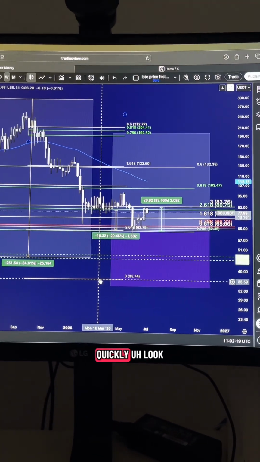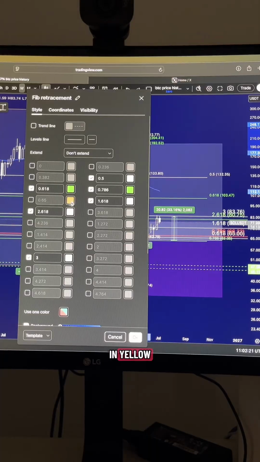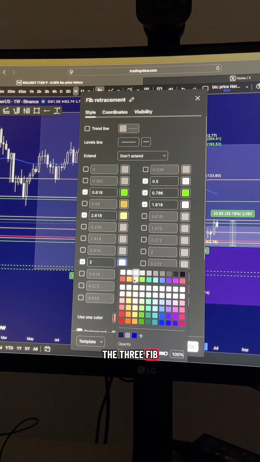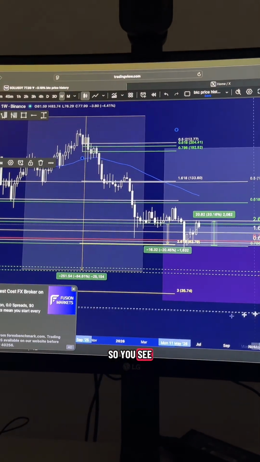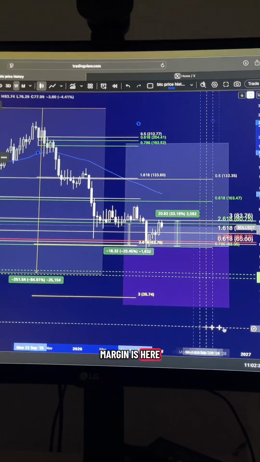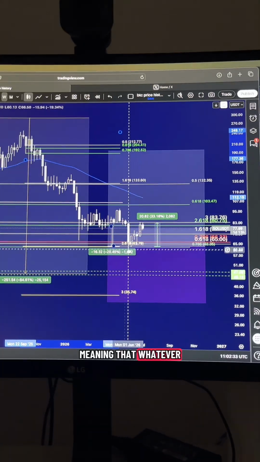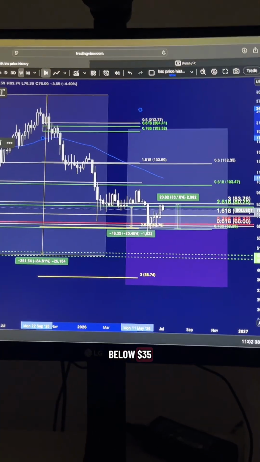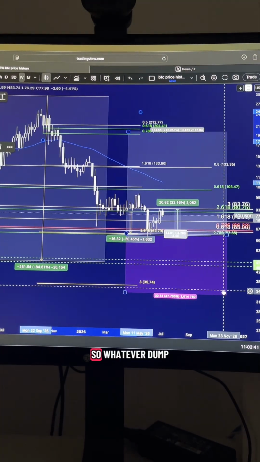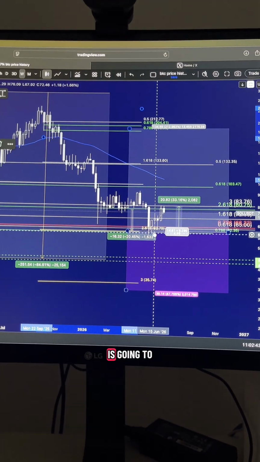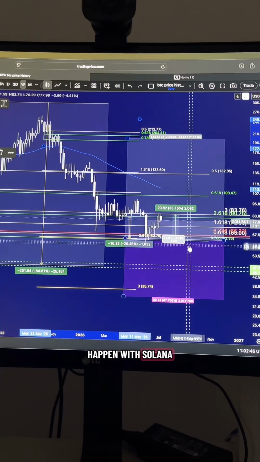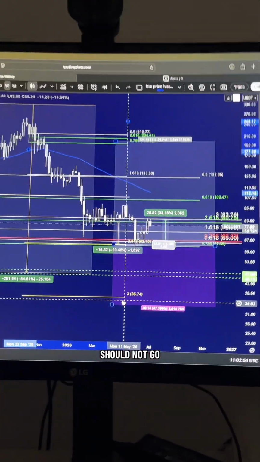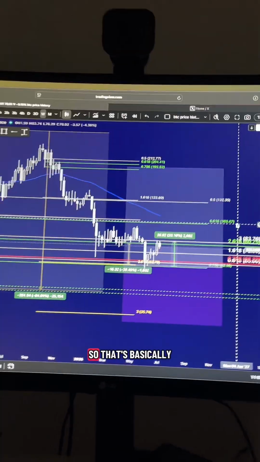So if we quickly look at that, let's put that in yellow. 2.618, and then the error margin will be the 3 fib level. You see that my error margin is here at $35, meaning that whatever long I was taking here, the stop loss must have been below $35. So whatever dump is going to happen with Solana, that will most likely or ideally should not go lower than $35.